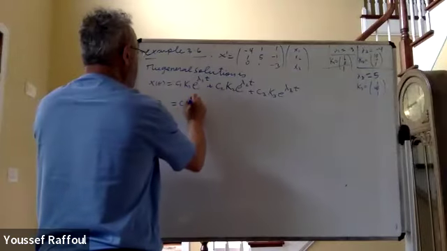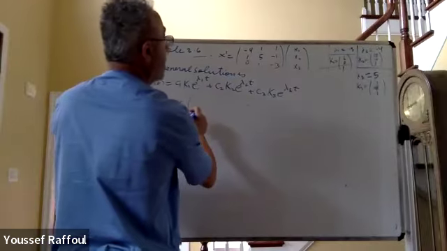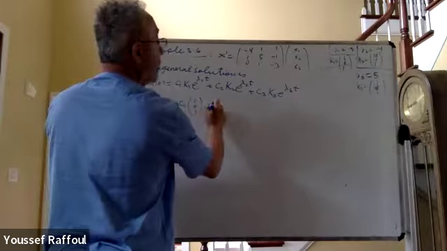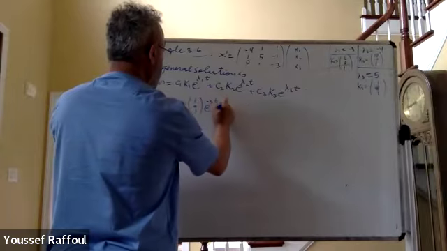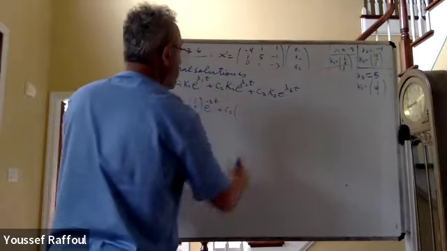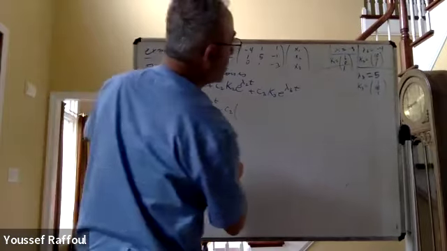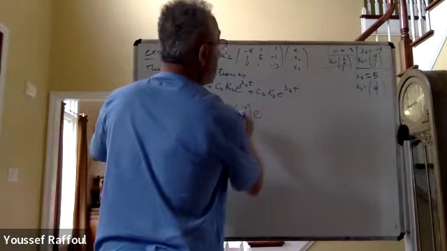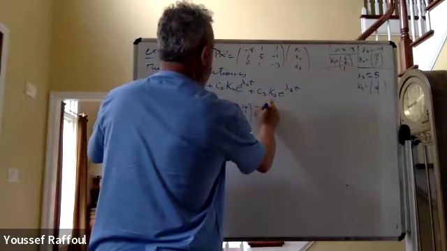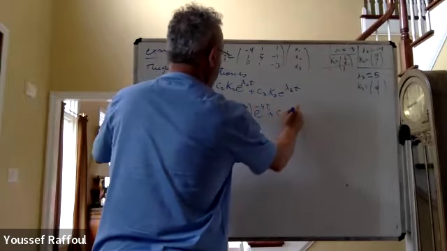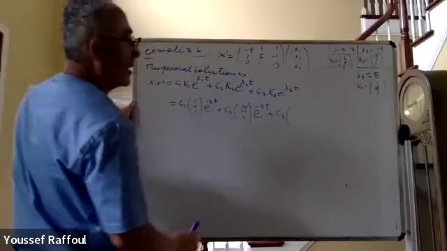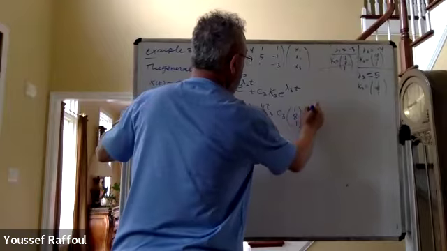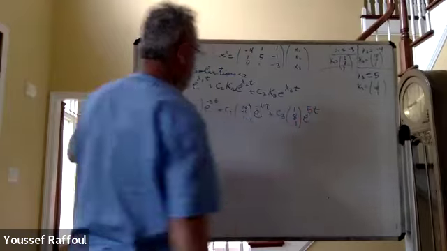And that is C1 times K1, 1 0 1, e to the minus 3t plus C2 K2, which is 10 minus 1, e to the minus 4t plus C3 K3, which is 1 8 1, e to the 5t.